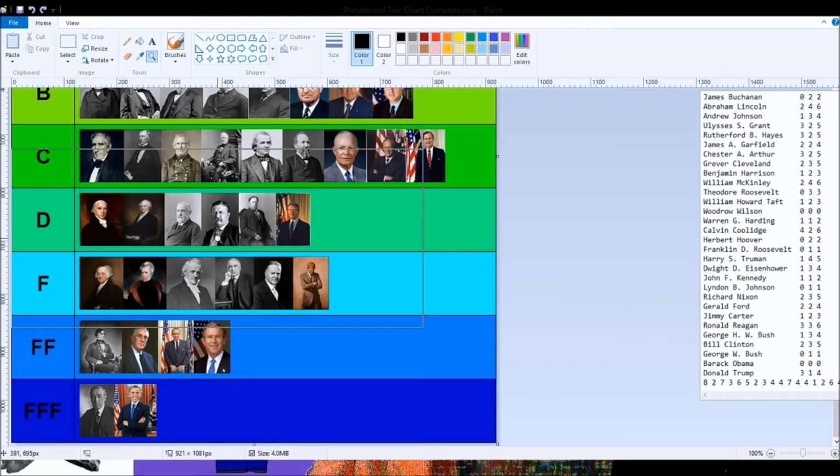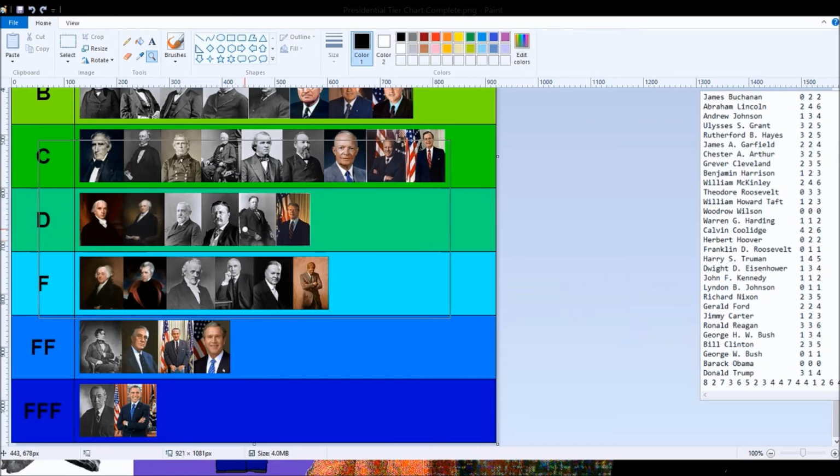However, he was strong on the foreign policy, so I did give him some credit where credit is due. Next president, William Howard Taft, just generally a bit better on domestic policy, not as good as on foreign policy, so also gets a D rating.